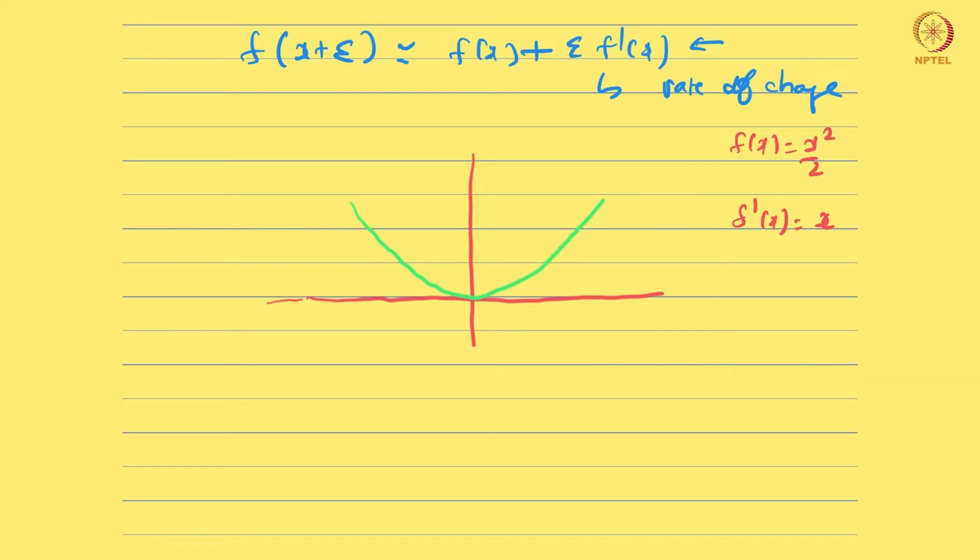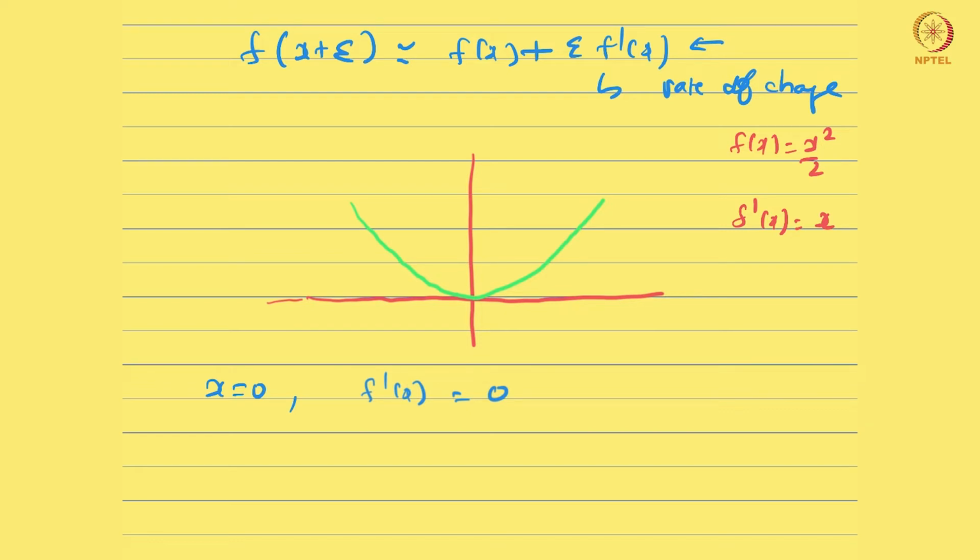At x equal to 0, f prime of x is 0. When the gradient or derivative is set to 0, it's at a critical point or an optimal point. In this case, it's the global minimum.